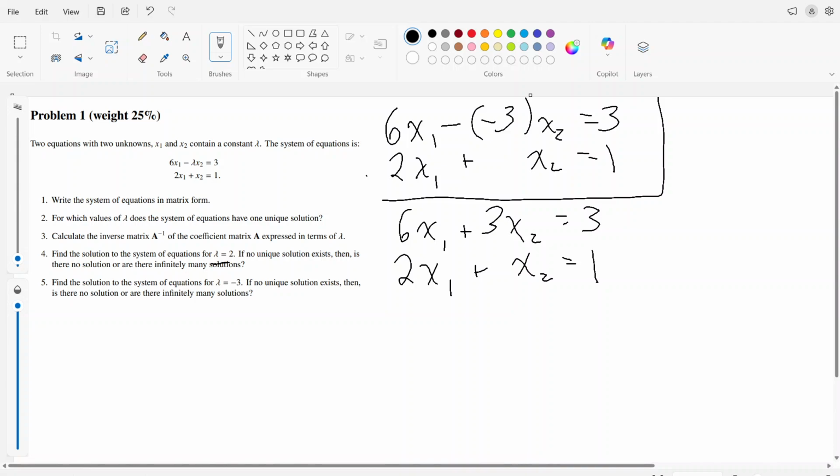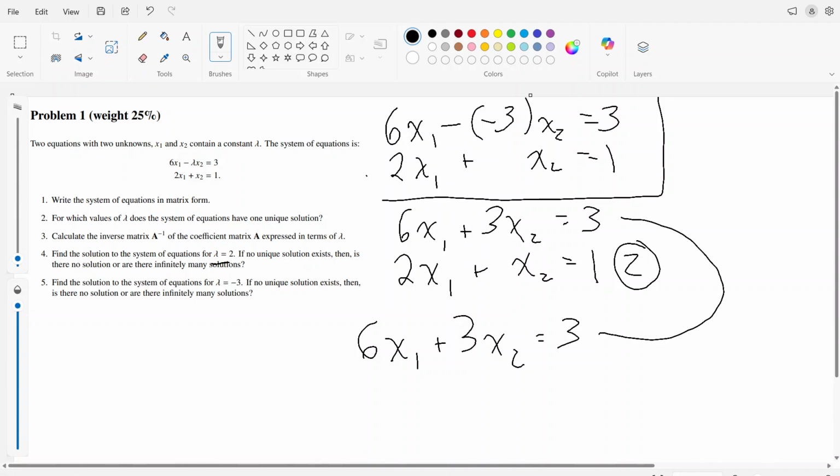Now, something we can realize is that when we multiply the second equation by 3, we get 6x1 plus 3x2 equals 3. I want you to realize how this is exactly the same as the first equation.